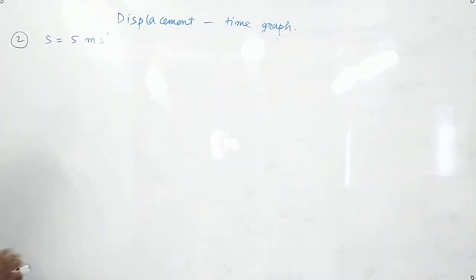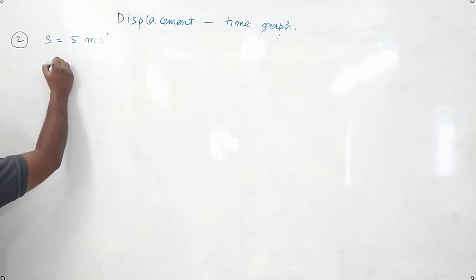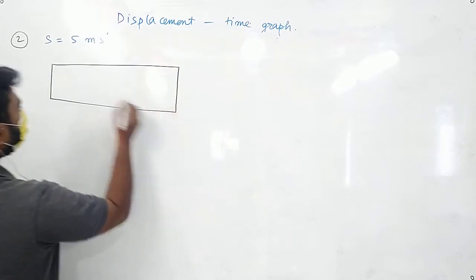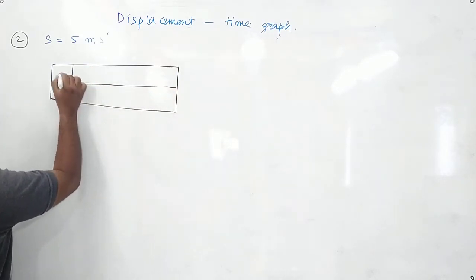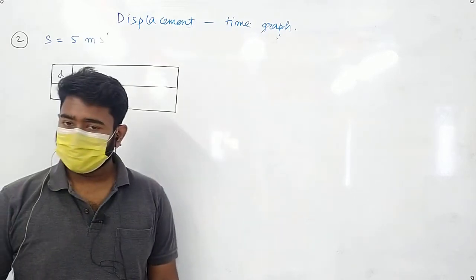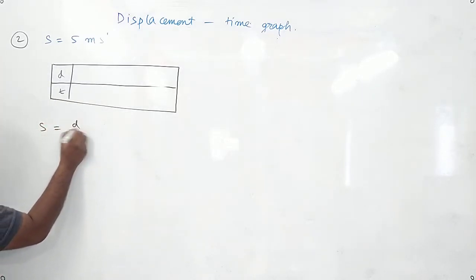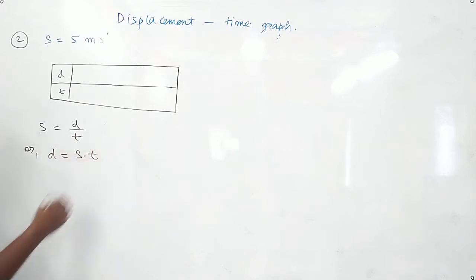Now, can I make a chart like this? A chart between time and displacement. We know speed equals displacement by time, or displacement equals speed into time.